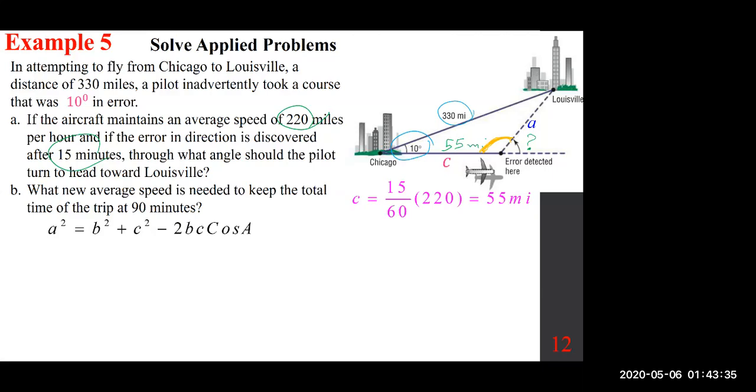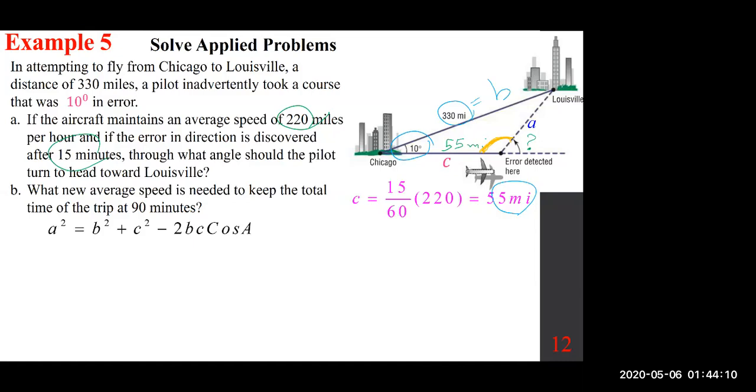Sides are as follows. So we have 10 degrees and the sides are 330 miles and 55 miles. And we can calculate A using this formula. So one of them is considered to be B, one of them is considered to be C. Since this is C, then we're going to call this one lowercase b. Let me just rewrite this. Okay, so this is lowercase b, everybody.